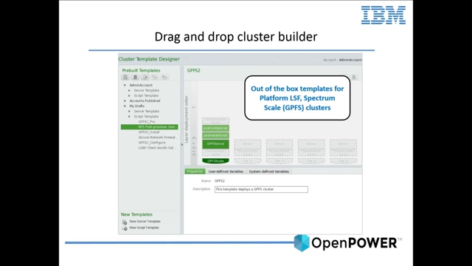The user only needs to do some drag and drop operations in this GUI. Also, for some very popular clusters, we already have some out-of-the-box cluster templates embedded in the system. So you don't even need to rewrite the script for the cluster.